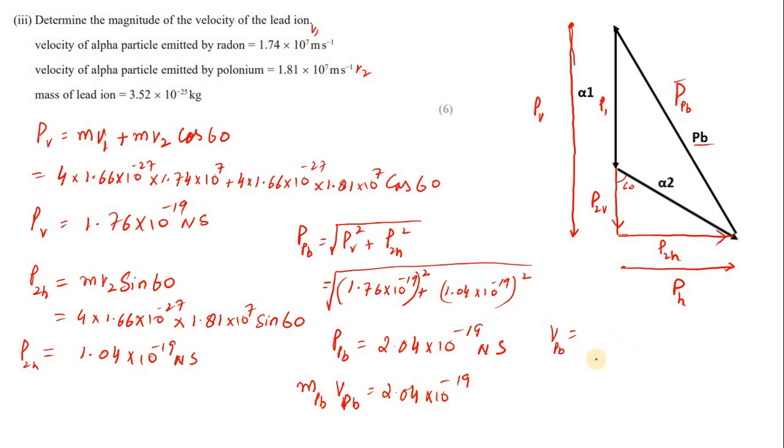So 2.04 divided by mass, mass is given. So you divide 2.04 10 to the power minus 19 divided by that mass. So velocity will be 5.80 ms minus 1. This is the velocity of the lead.